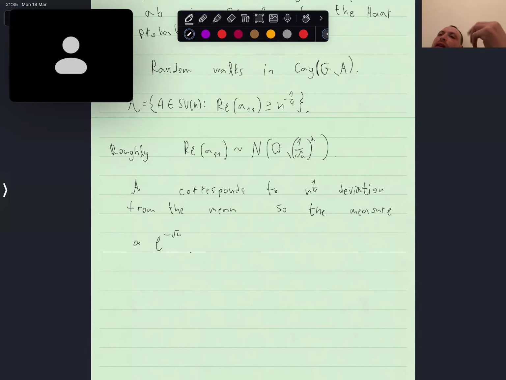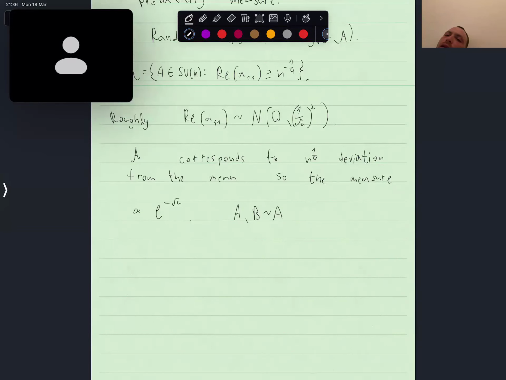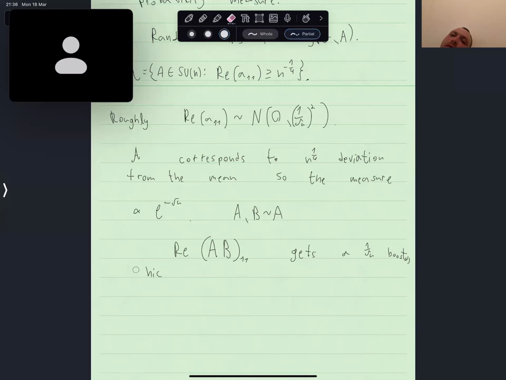But if you choose A and B out of A, then the real part of AB11 gets a 1 over n boost, which is a single deviation from the mean, so it's not mixed.